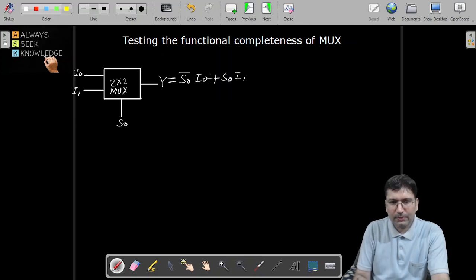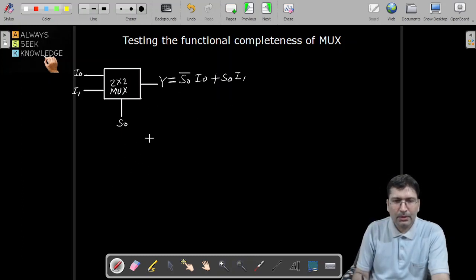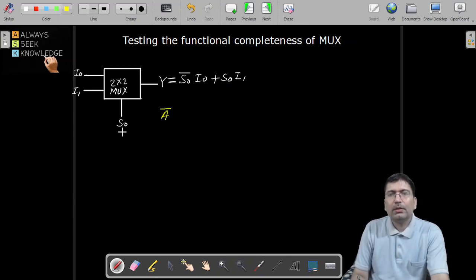If this function is functionally complete, the first thing is it must be capable of generating the complement. So let's say I want to generate the complement of a variable A, so I want to generate A bar. First we need to check whether this Boolean expression can be converted into A bar or not.